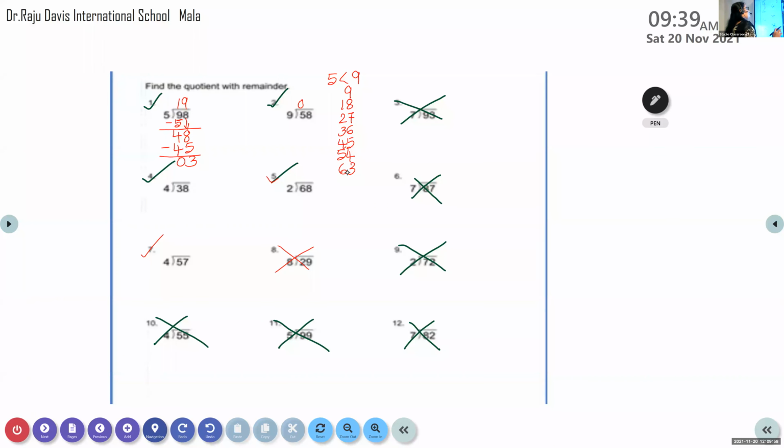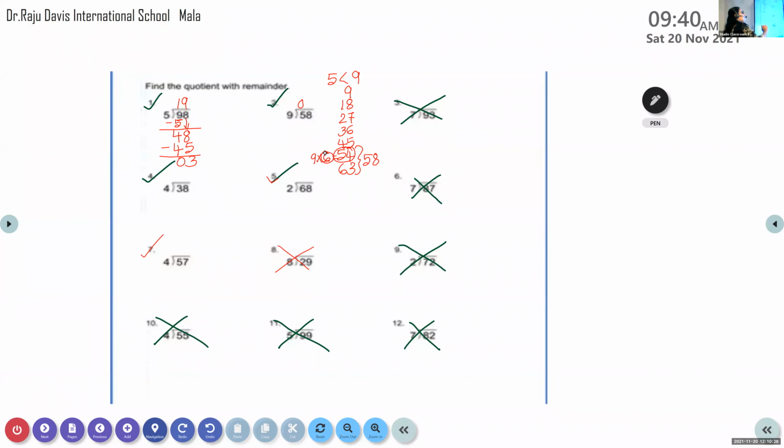So, in between which two numbers does 58 lie? In between 54 and 63. So, which number is to be taken from here? 54. 54 is to be taken. Now, next step is to check 9 into what is 54? 6. 1, 2, 3, 4, 5, 6.